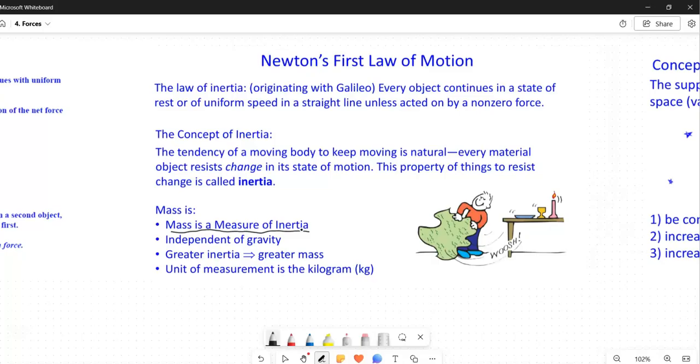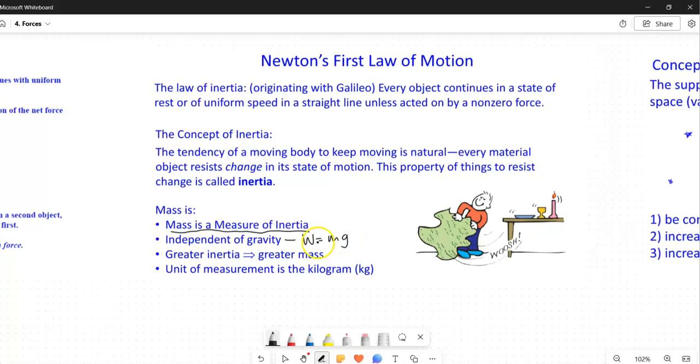Now, mass is independent of gravity, in a manner of speaking. For example, your weight is not equal to inertia. Weight is equal to your mass times whatever gravitational field you're in, in this case, 9.8 meters per second squared.